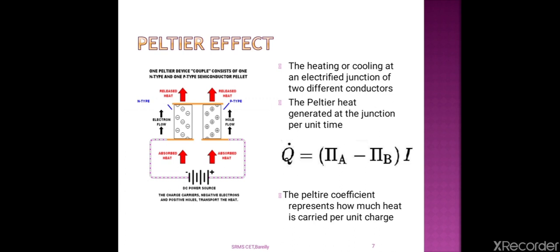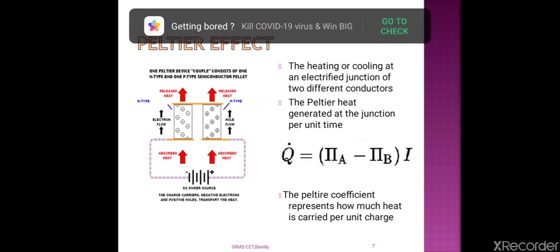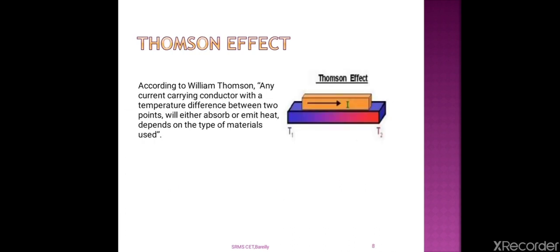Here we have the definition of the Peltier coefficient, which relates the amount of Peltier heat that is generated due to current flow across a junction of dissimilar materials to the current that is flowing through the circuit formed by these two dissimilar materials, and the two are related by the Peltier coefficient.